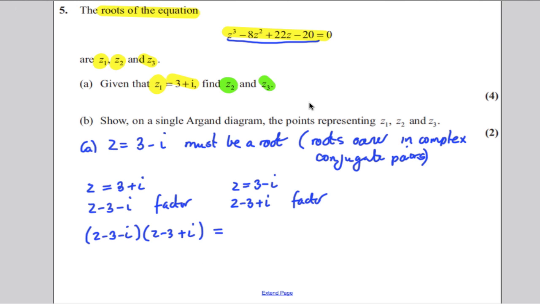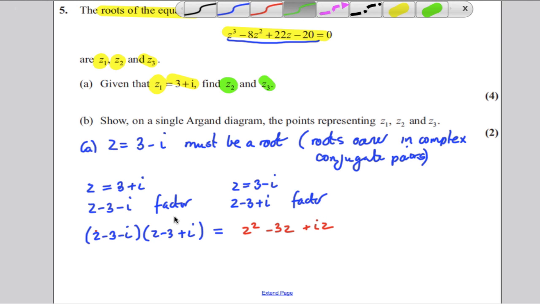Let's do it very carefully. The way we're going to do it is we're going to do z multiplied by everything here, write it on the top line, then negative 3 multiplied by everything here, write it on the second line, etc. So z multiplied by z is z squared. z multiplied by negative 3 is negative 3z, and z multiplied by i is plus iz.